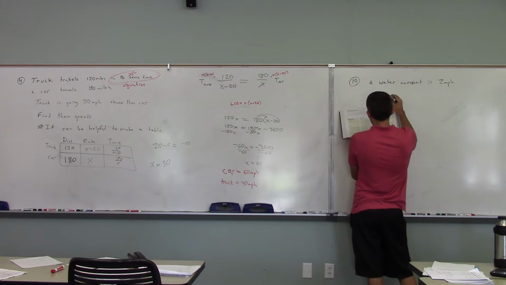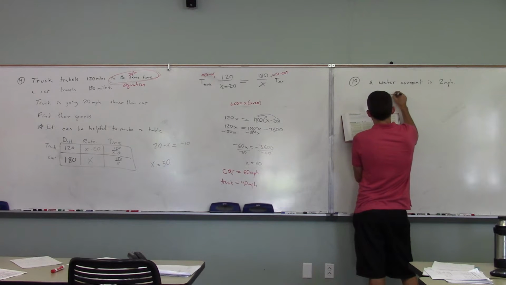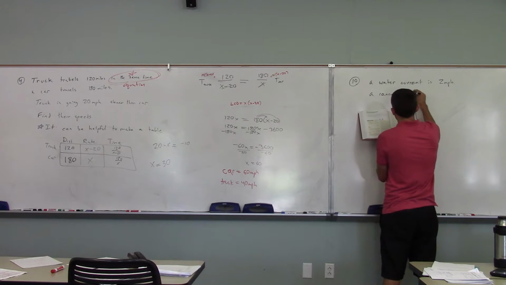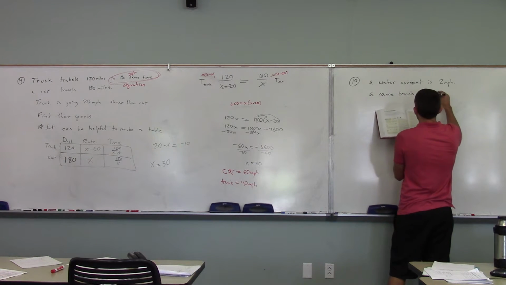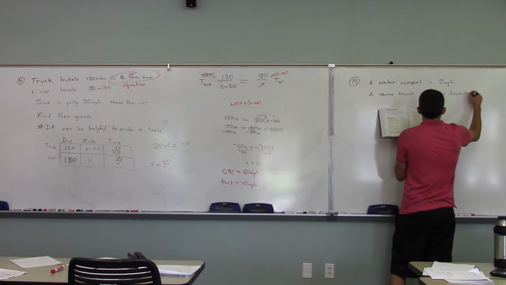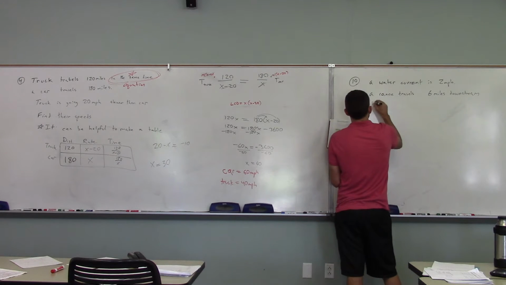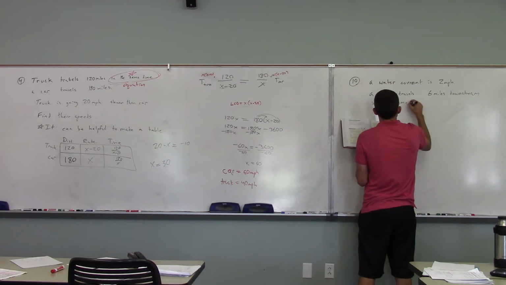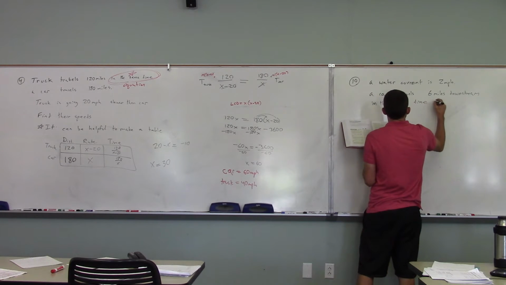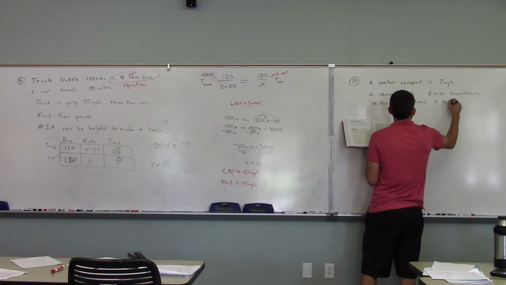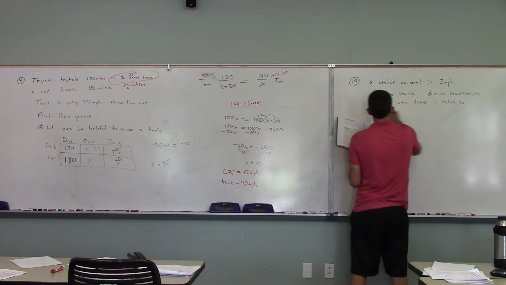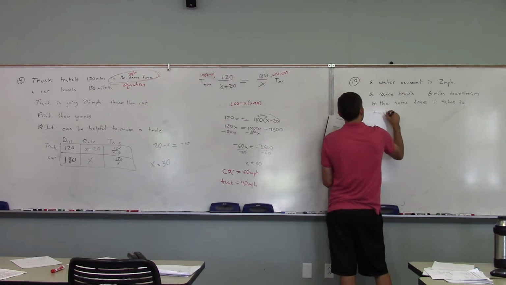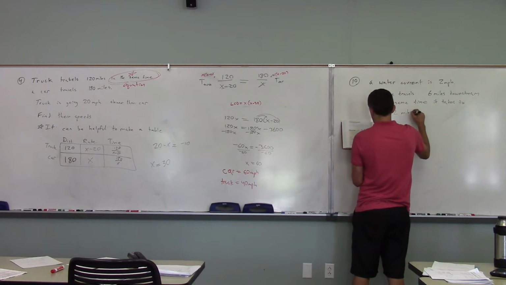It says a canoe can travel 6 miles downstream in the same amount of time it takes to travel 2 miles upstream.